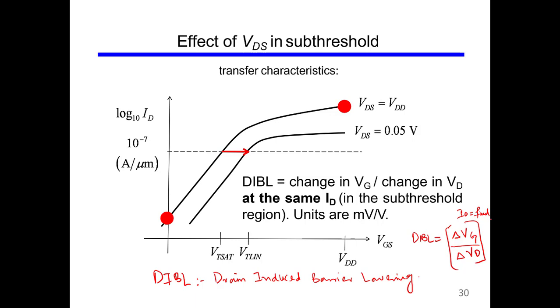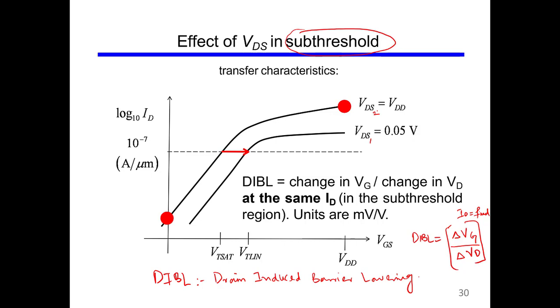Another important thing is that DIBL is in the subthreshold region, not in the linear region or the saturation region. If we come to the curves, here we have VDS1, and this is VDS2, which is equal to VDD.